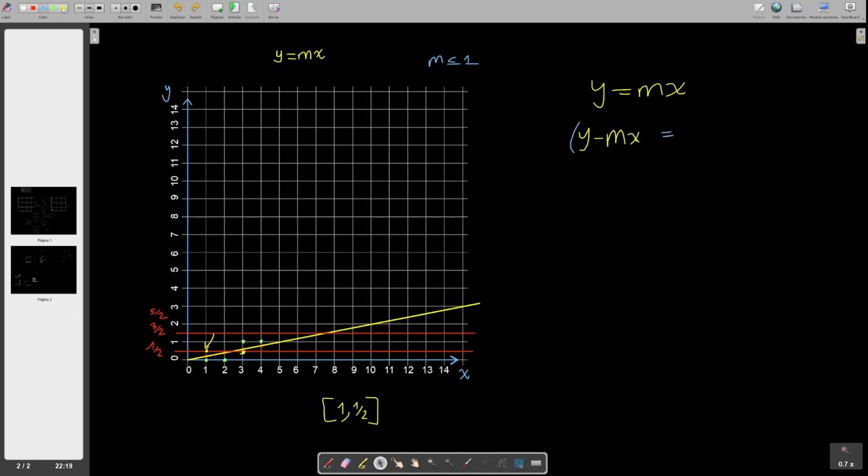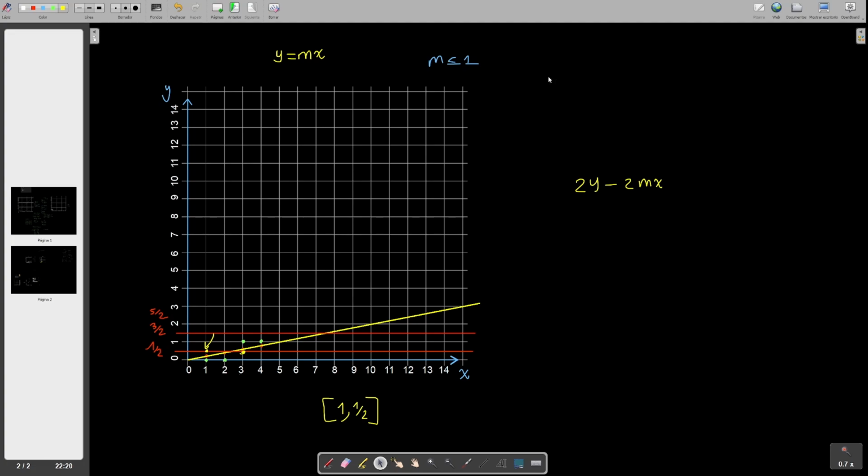Just leave it there, and now let's give it the new form. 2 times y minus 2mx, which is the result of duplicating the entire equation. And this is the first transformation of our equation.